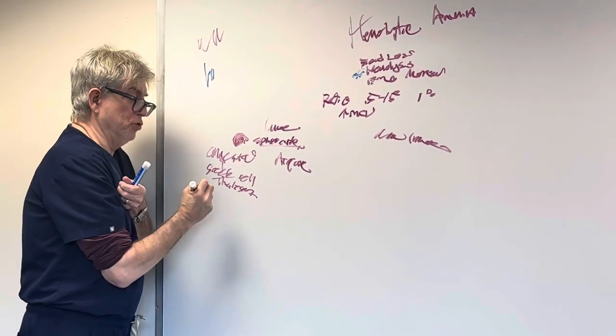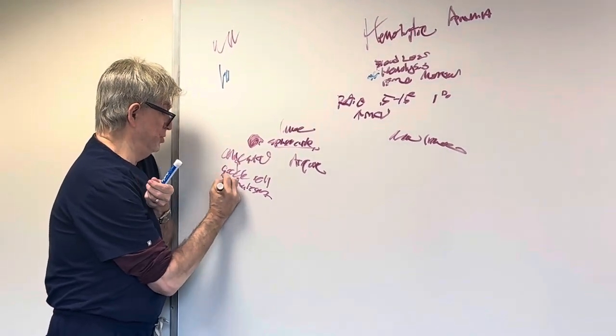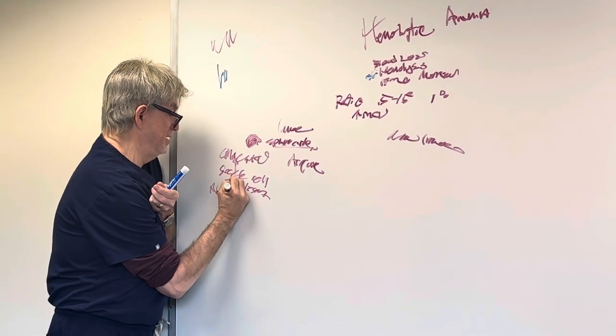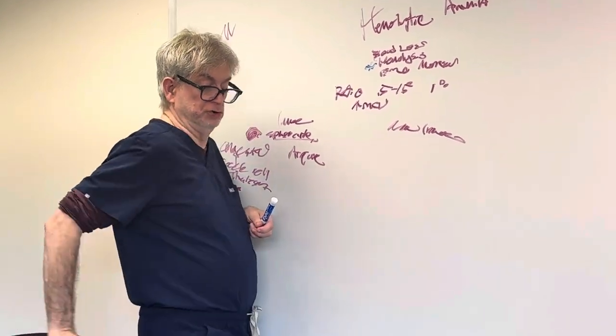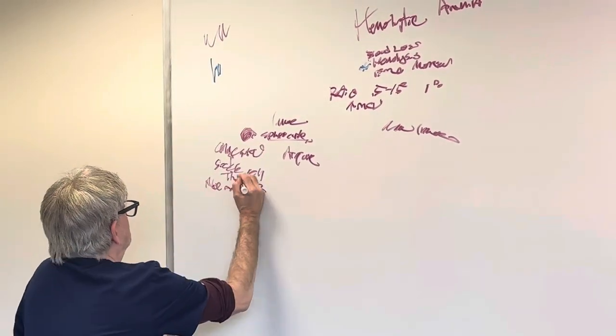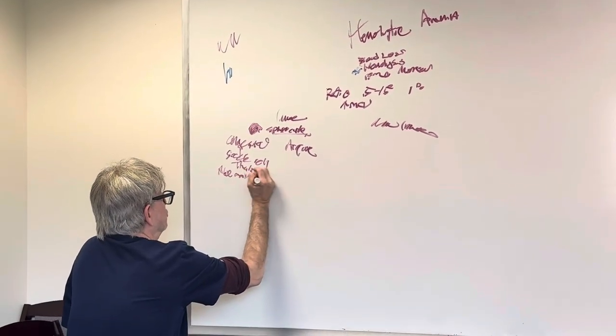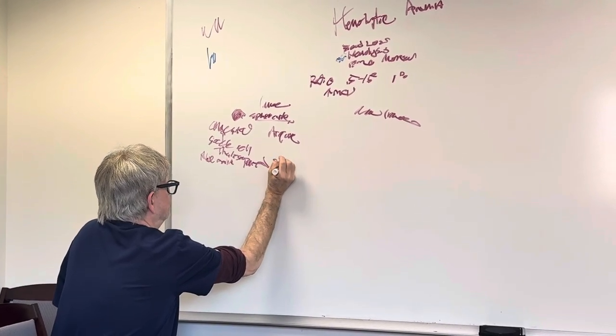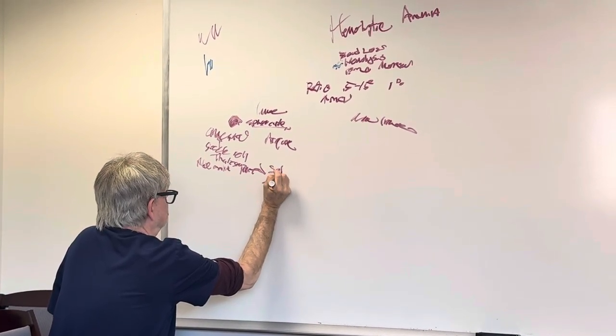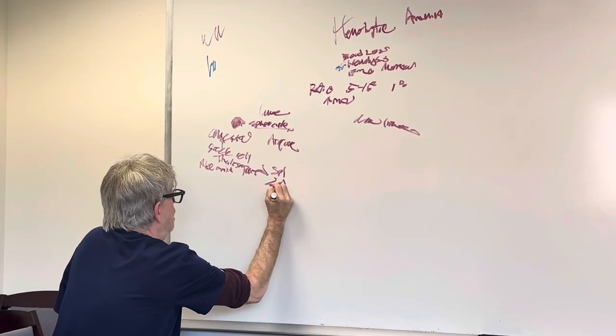But here you can think of abnormalities of the membrane, which would be hereditary spherocytosis, elliptocytosis, stomatocytosis. These are very rare, okay?